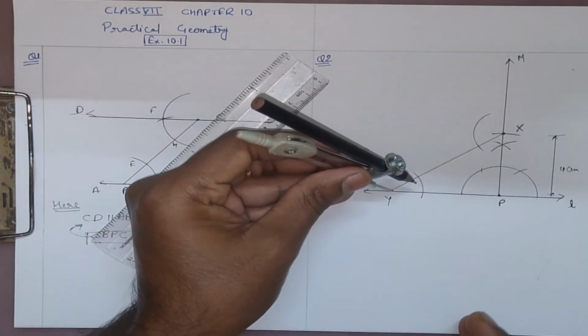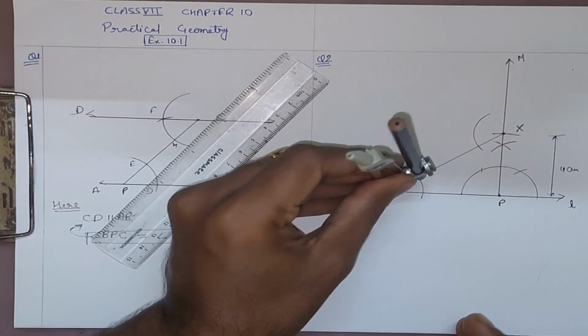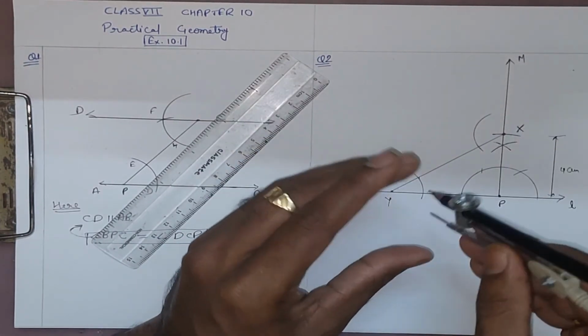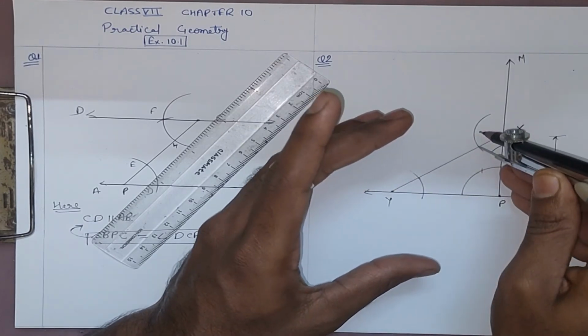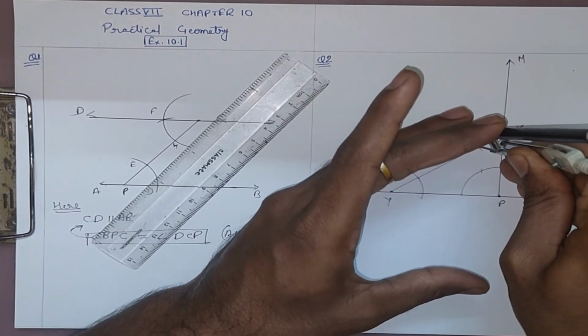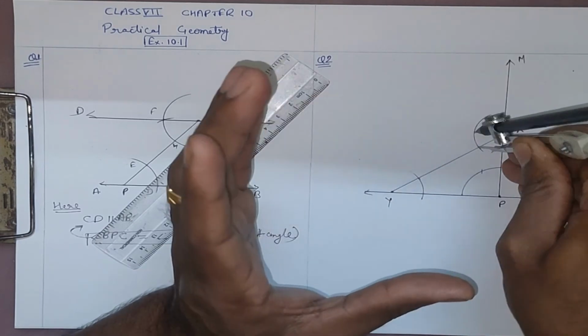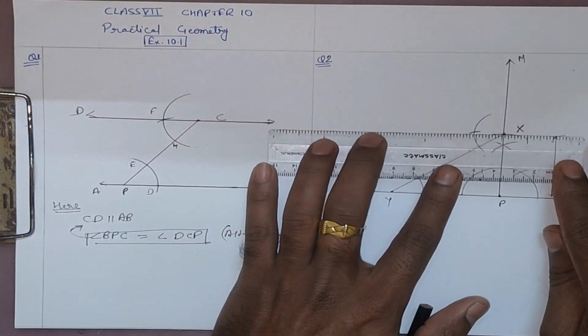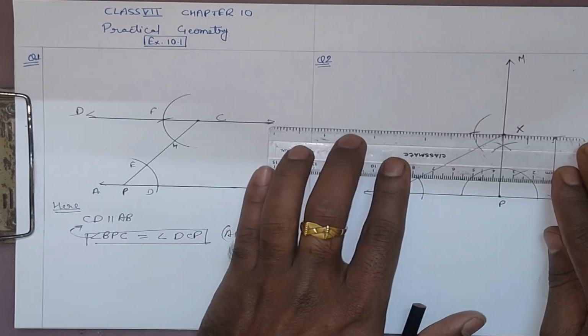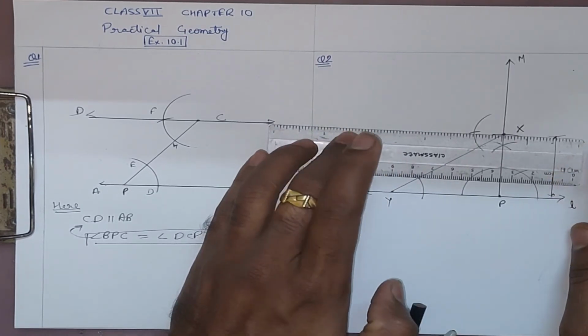See, that was similar, there was no change. This is the cutting point. Now join these 2 points, you will get the parallel line to L.